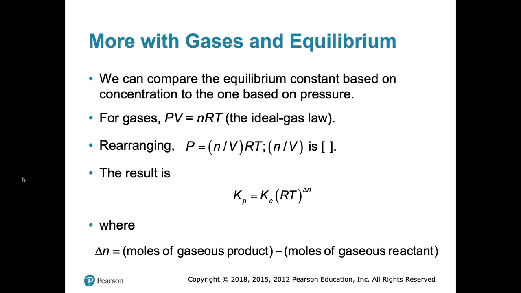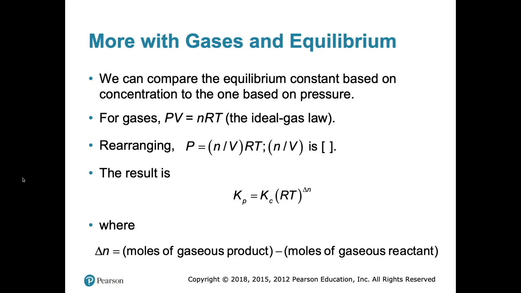So knowing all that now, we can say that the equilibrium constant for pressure is equal to the regular equilibrium constant using concentration multiplied by the ideal gas constant and the temperature to the change in the number of moles. And what is the change in the number of moles? It's exactly what it sounds like.